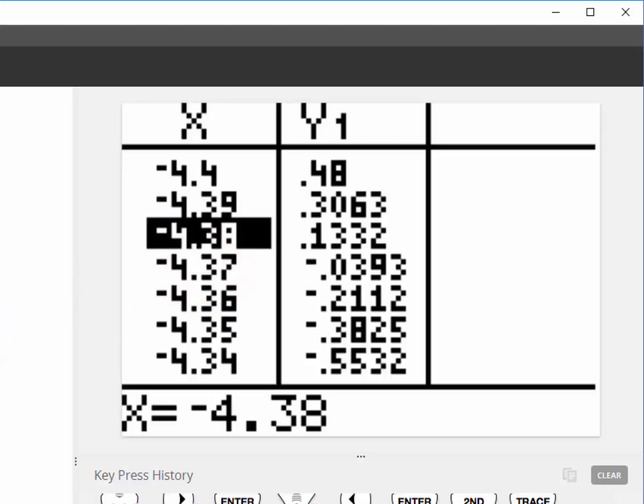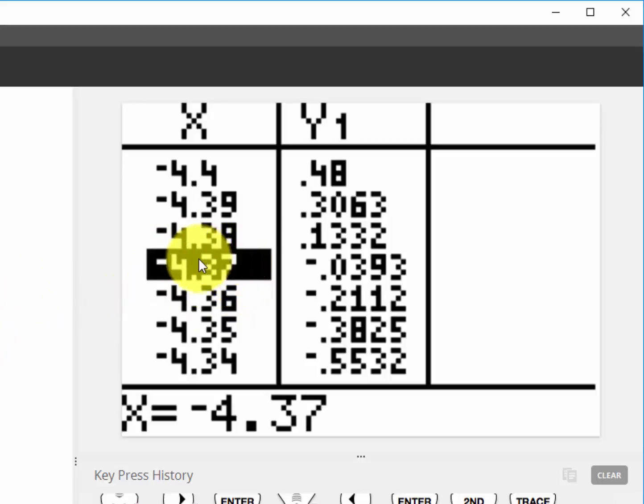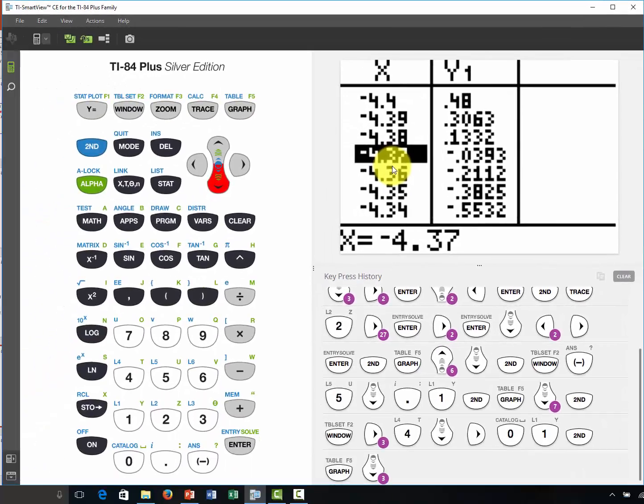And actually this one is closer to 0 than this one. Numerically, we would say to 2 decimal places the x-intercept is -4.37. We could do the same for our second x-intercept, but I'm going to skip that for right now.